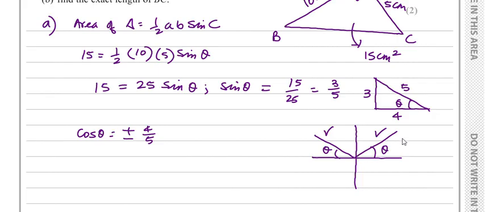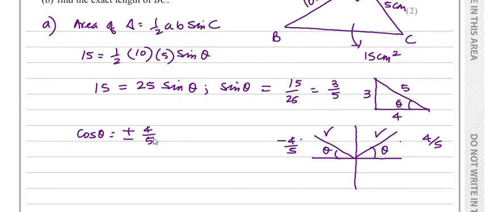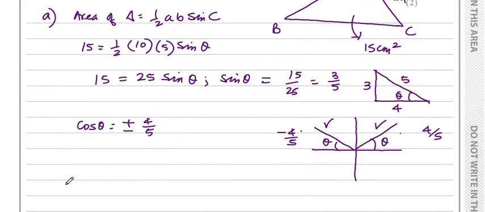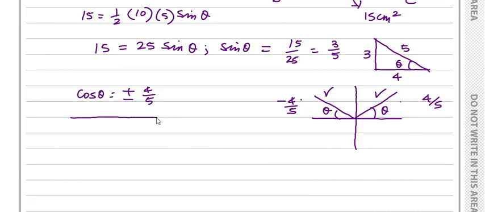So cos theta is positive here, but cos theta is negative in this quadrant. That's why we are writing positive 4 over 5 here and negative, minus 4 over 5 here. So we need to do what next? Find the two possible values of cos theta. That's done. So we can just finish this answer like that.